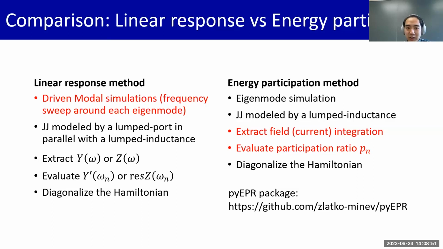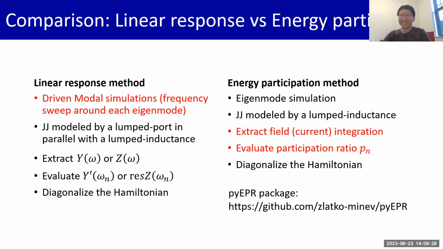So for the qubit mode, the resonance mode at qubit frequency, the participation of the junction should be close to 1. And for the readout resonator, which has this dispersive interaction with the qubit mode, the readout mode also excites the junction, induces a phase drop across the junction and sees the nonlinearity. And that participation is usually very small, sub 1% or sub 0.1% even.